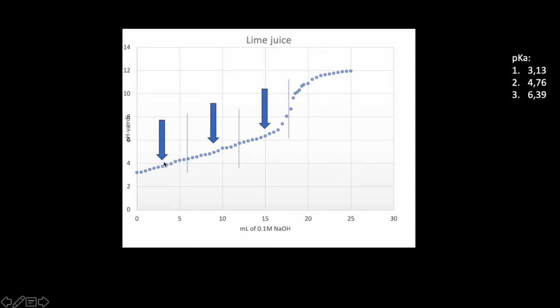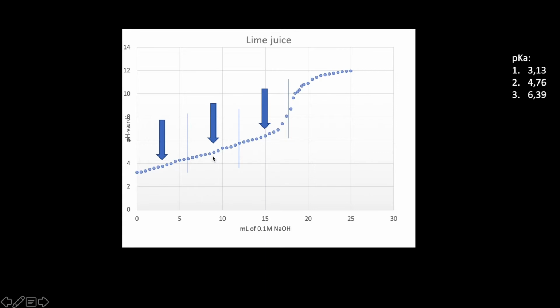For example here, if you take the first endpoint, the pKa value is about here, and we read it to be 3.72 pH, which means that the pKa is 3.72, which is a little bit higher than it's supposed to be. And this is the data book, what that says it should be.